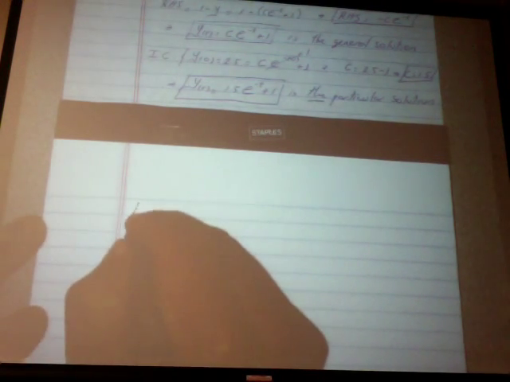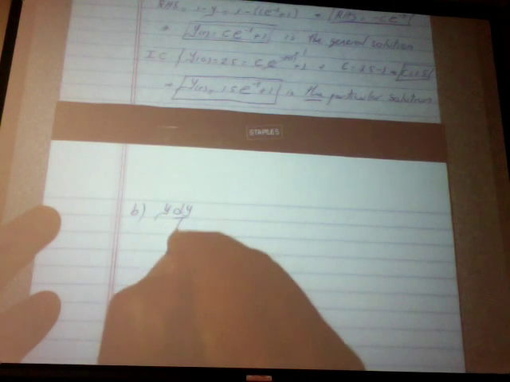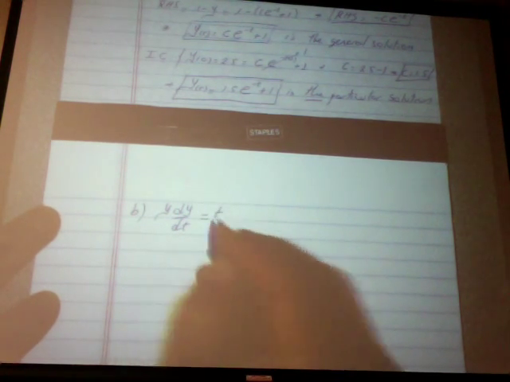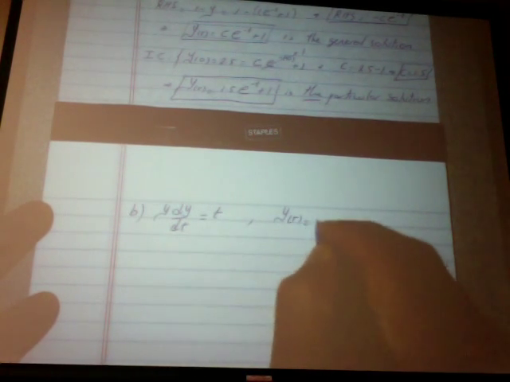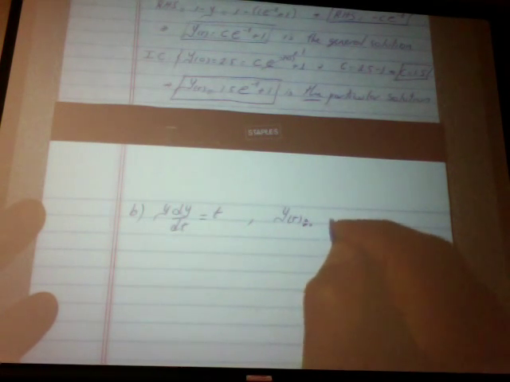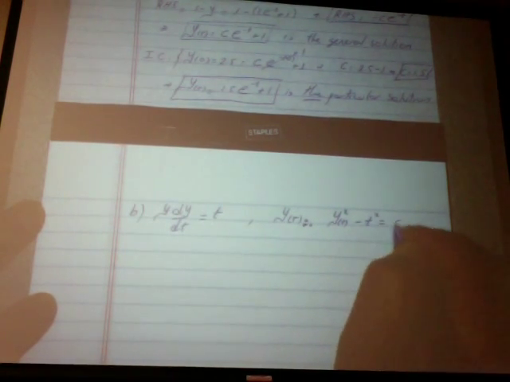All right. Let's do another one. B. Let's do y dy dt is equal to t with y of t given as, or such that, y squared minus t squared is equal to c.